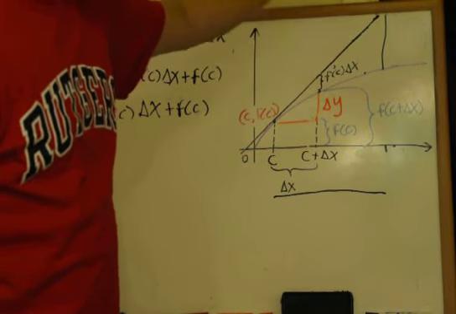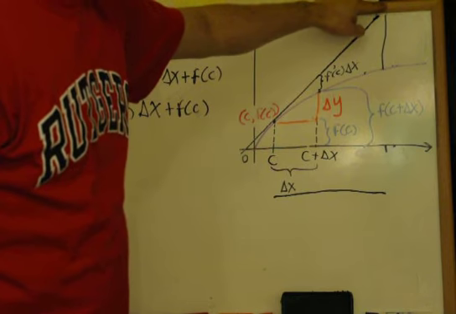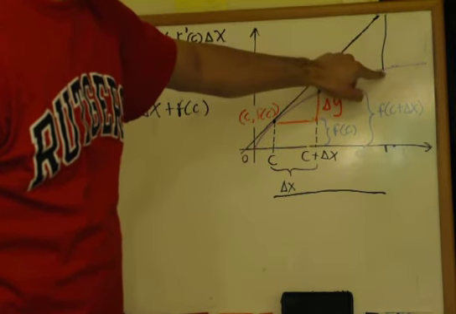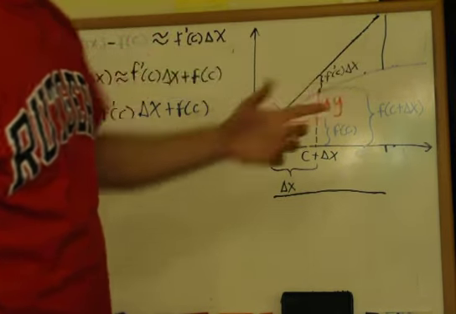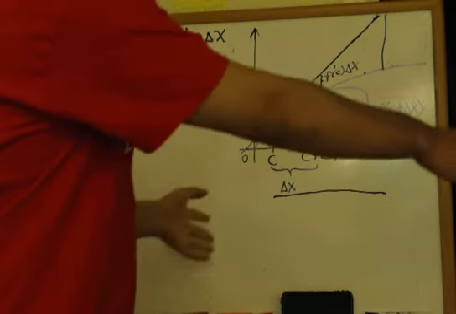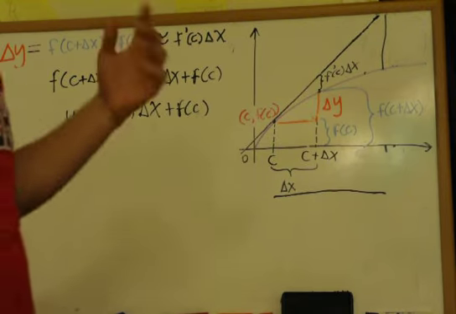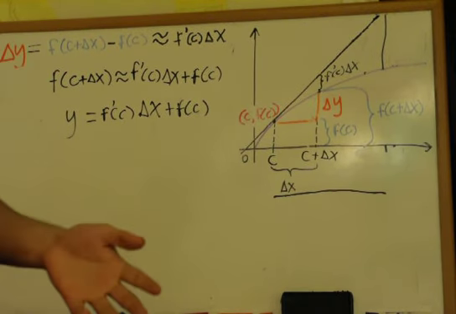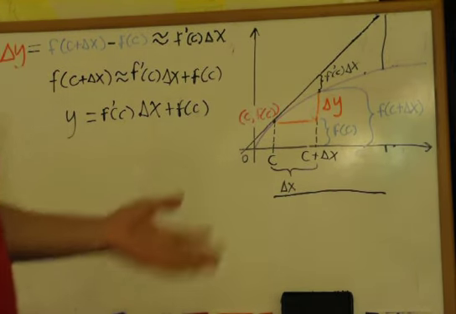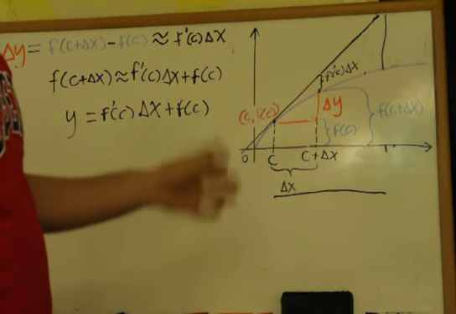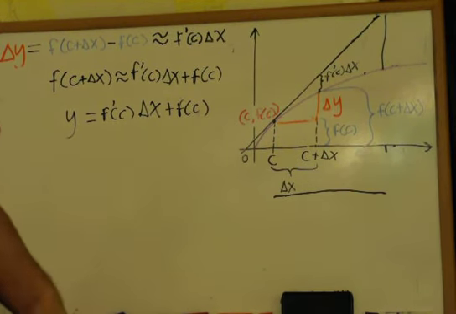It's even off the board. So then the distance between our approximate value and the actual value is very large. So you can see how as delta x gets larger and larger, the approximations get worse and worse. So basically you just want to always choose the smallest delta x possible.